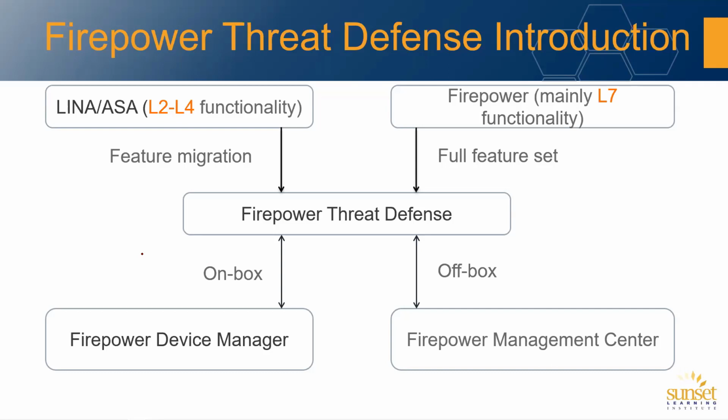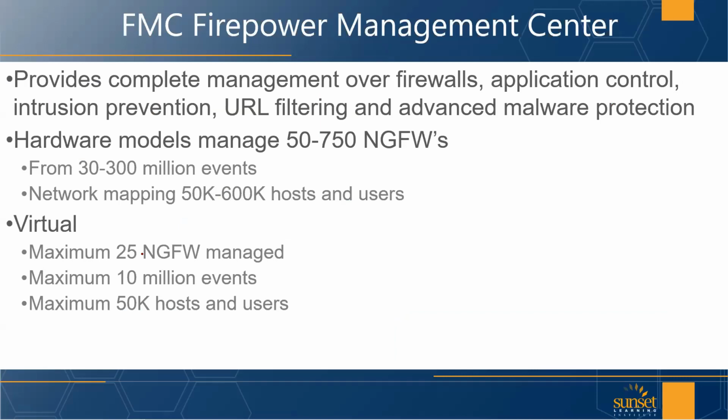Two ways to manage firepower threat defense devices: on box using the FDM, okay, or off box using the management center. And actually there's CDO, we're going to talk about that too. But management center: complete management over firewalls, application control, intrusion prevention, URL filtering, advanced malware. All that is gathered by the FMC and pushed down to the FTDs, okay?